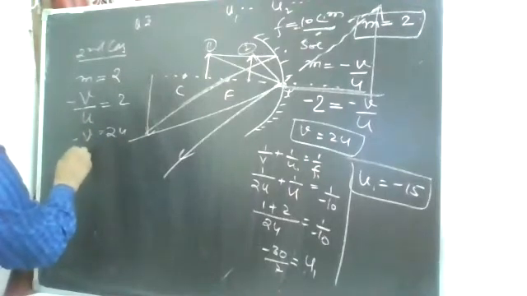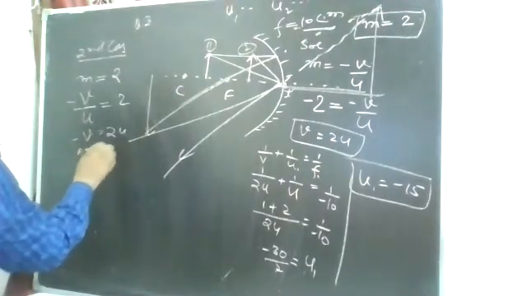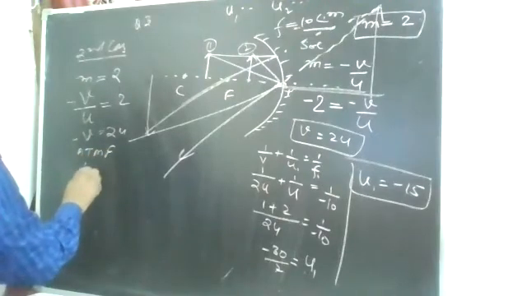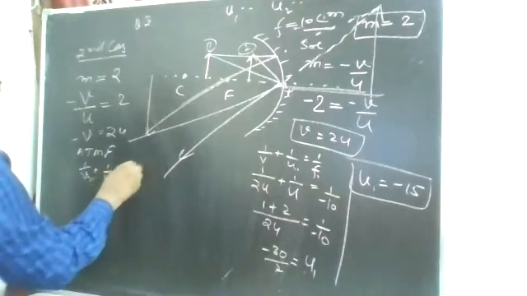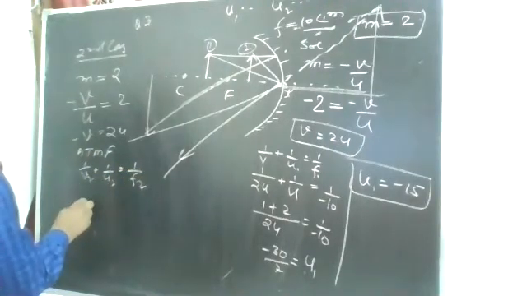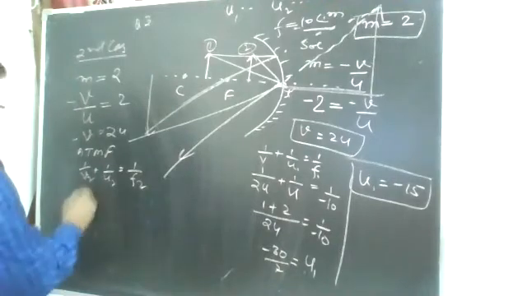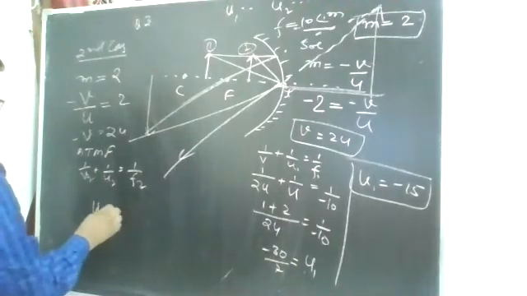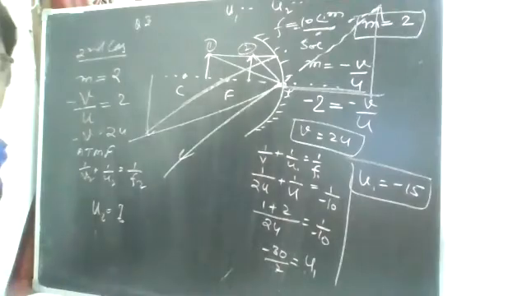Again applying the mirror formula, 1 by v2 plus 1 by u2 is equal to 1 by f. Apply this and you will get the position of the object in the second case.